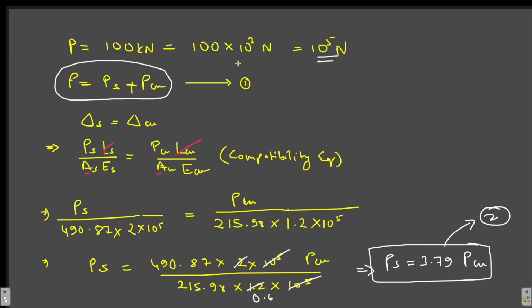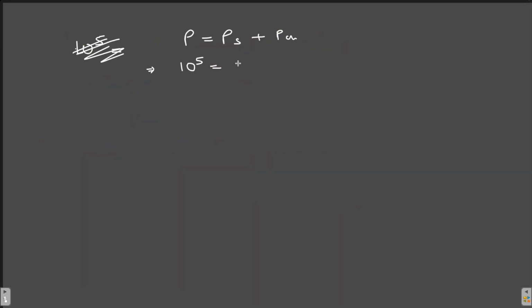It is in terms of copper. Can I write it as 3.79 PCU? 3.79 PCU plus PCU. This is how I can write from equation 2, right? And this is equation number 1.